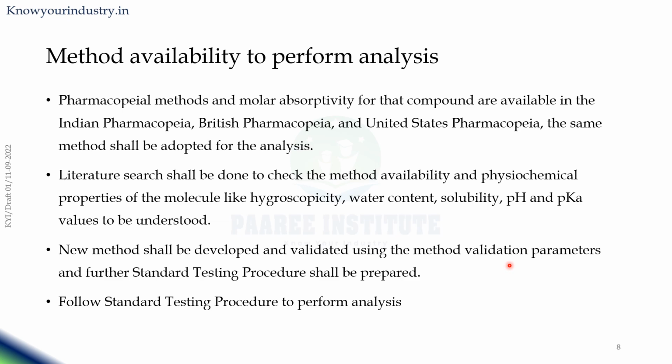Then you can derive a standard testing procedure for the particular drug molecule or whatever testing you have planned for. Then you can follow this standard testing procedure to perform the analysis at various times. So this is how in general the methods are being developed or adopted for the UV visible spectrophotometer analysis.